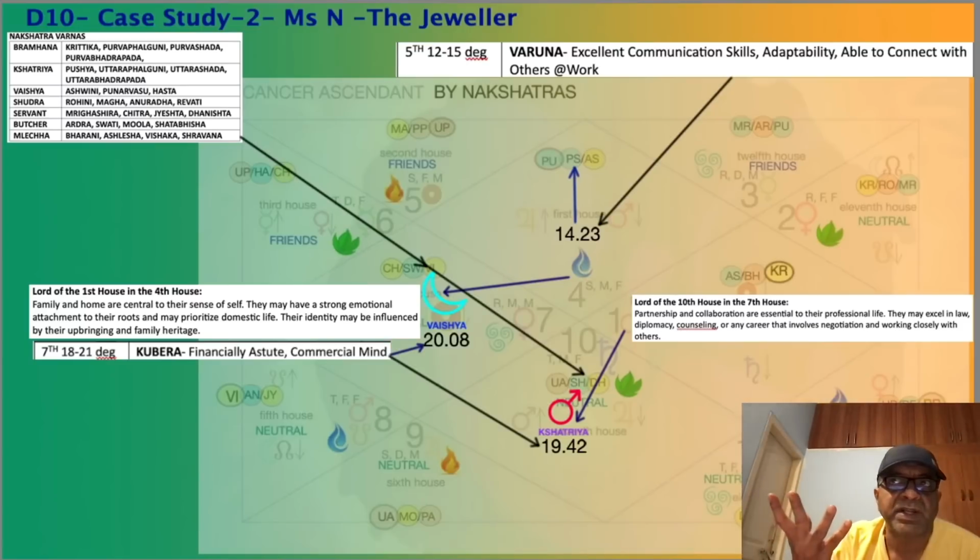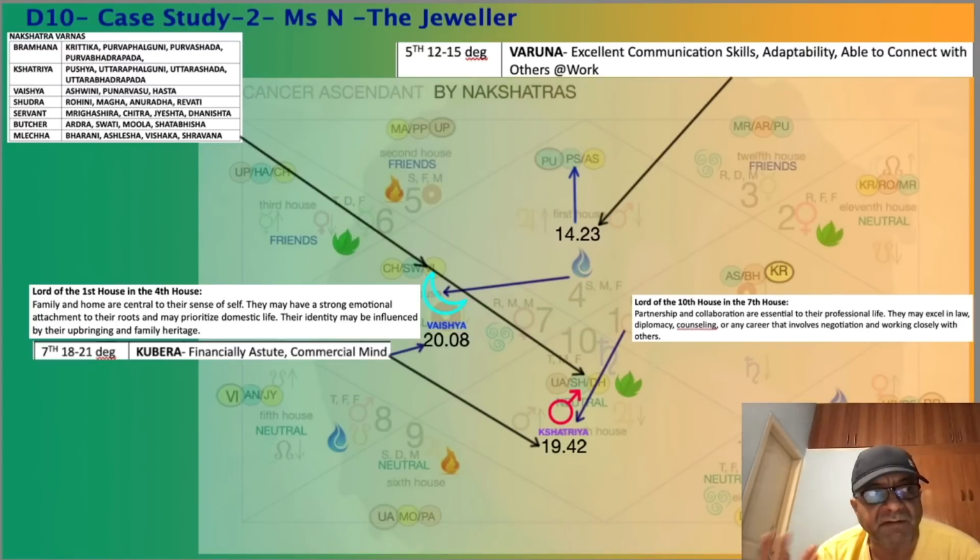So one of the qualities of entrepreneurs is to be able to connect with your client, yes? And she is a private entrepreneur, home-based business. So these qualities become dominant. You need to be able to connect with others. Pushya Nakshatra we shall see later. Let's just briefly see the D10 fully.